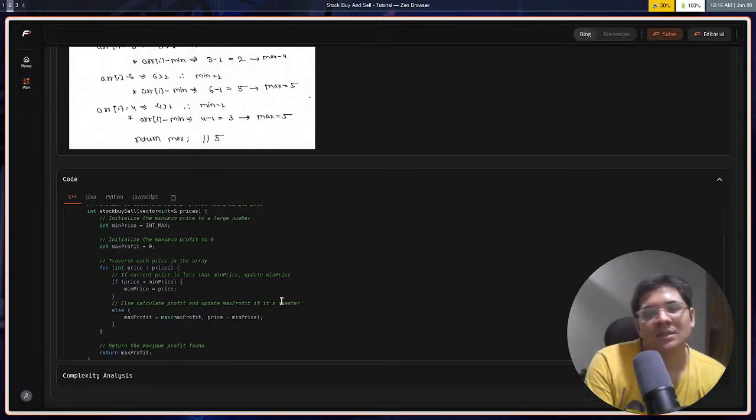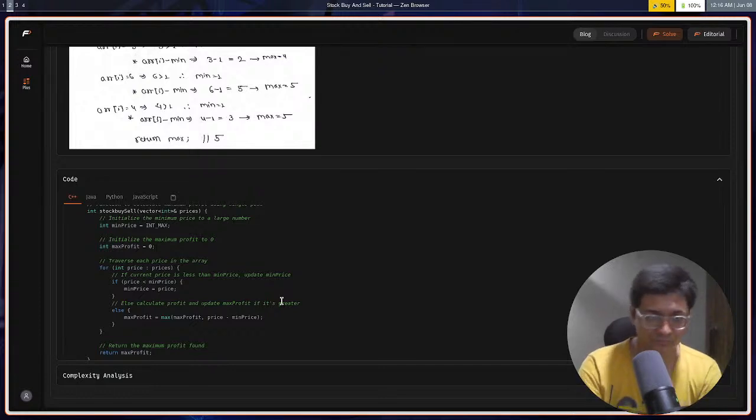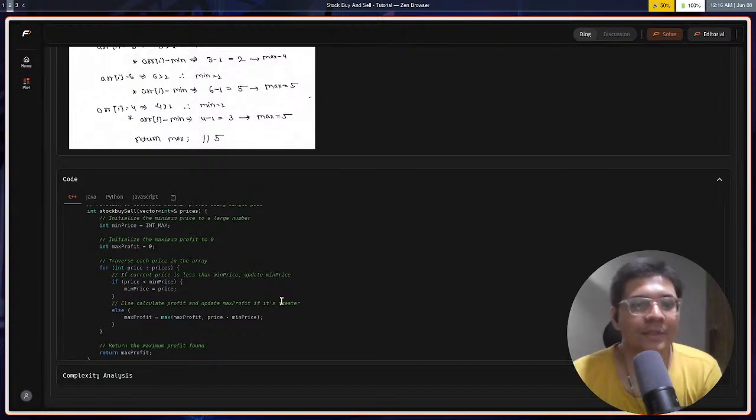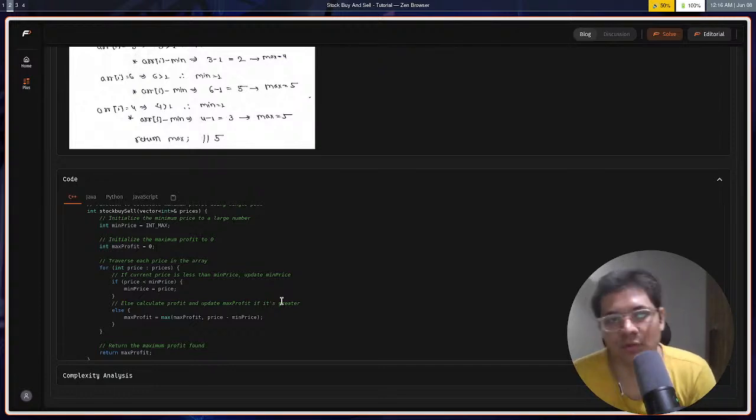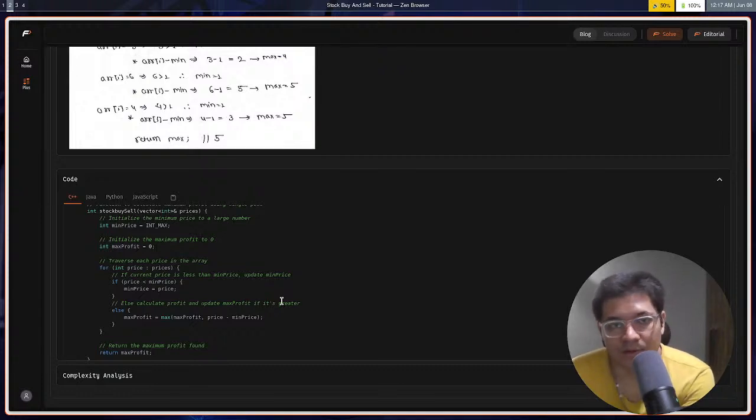Int max is the largest possible value for the given range. Int max profit is equal to 0, because we initialize the profit as 0. Then for each price in the price array, if price is less than minimum price, minimum price is equal to price.